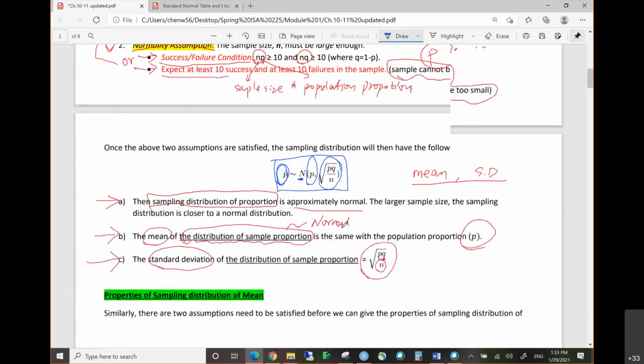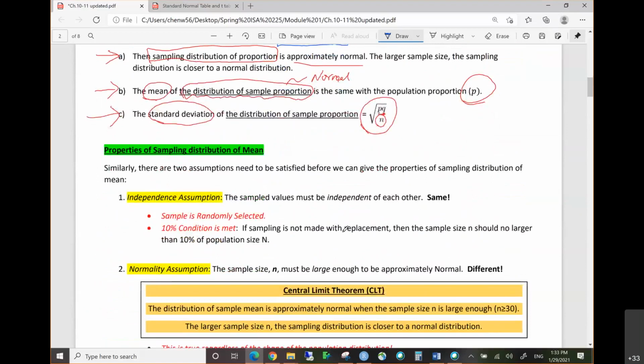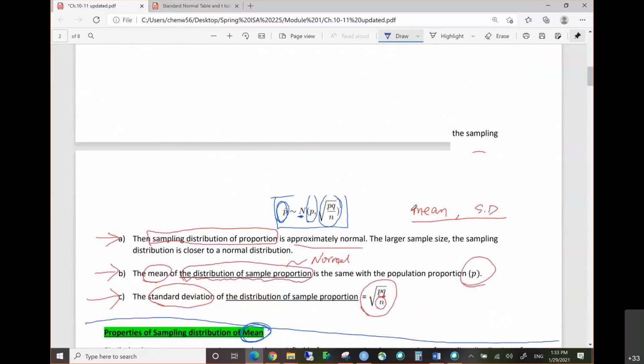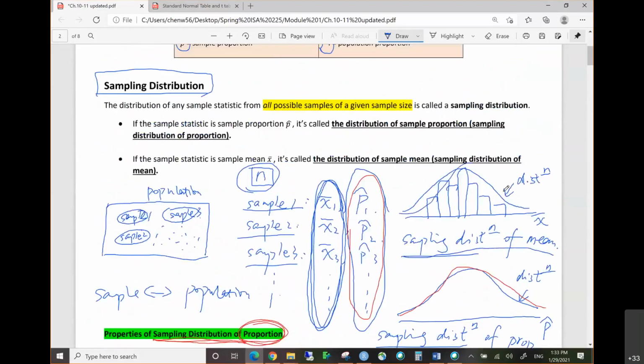Similarly, we will talk about the properties of the sampling distribution of mean. Now we are talking about the mean, not the proportion anymore, based on all the possible sample means.